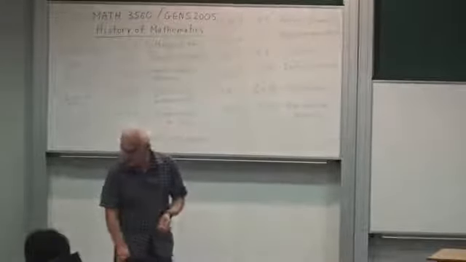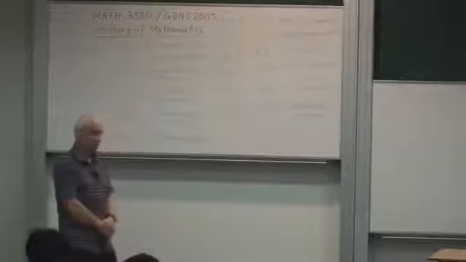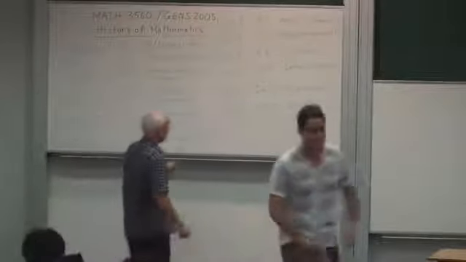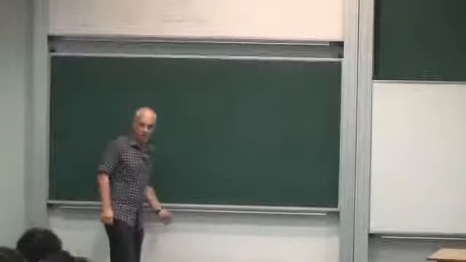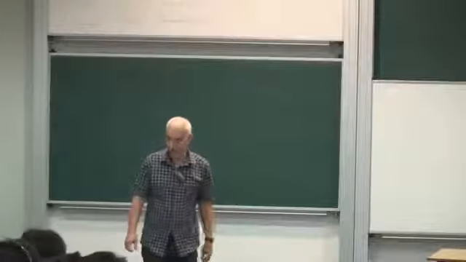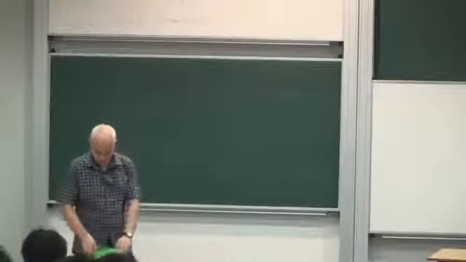So our first lecture is a very good place to start with Pythagoras' Theorem, which is probably the most important theorem in mathematics. It's also perhaps the first really major theorem in mathematics.